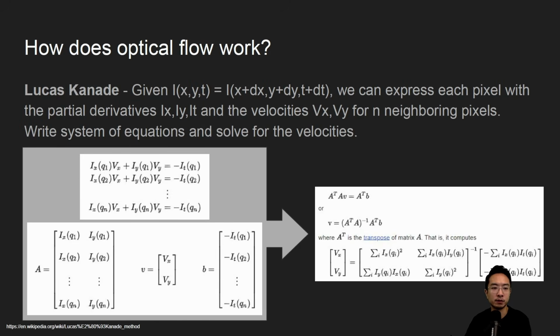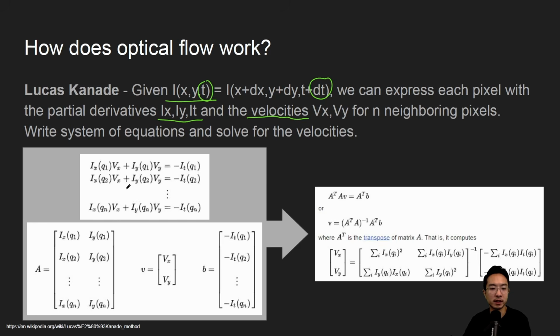So how does optical flow work? With Lucas-Kanade, the way it works is you have a pixel intensity, and here we're looking at it as a function of time. And we're saying that the pixel location and the next pixel location at a new time is about the same. So we can express each pixel with the partial derivatives, which we call Ix, Iy, It, and the velocities, Vx and Vy.